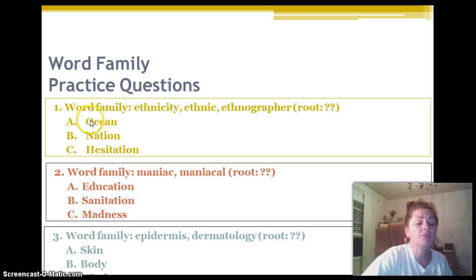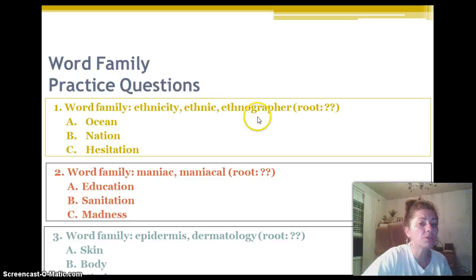Now let's try this. If you see the word ethnicity, ethnic, ethnographer, you see ETHN is similar in all of them. Now some have ethni and one of them has ethno, but the root there is ETHN, either with an I or an O. We understand what ethnic is. We know we all have an ethnicity, and we know that that has something to do with where we come from.